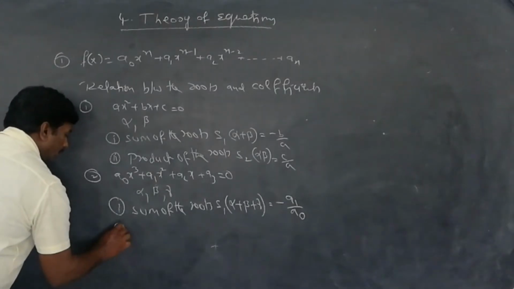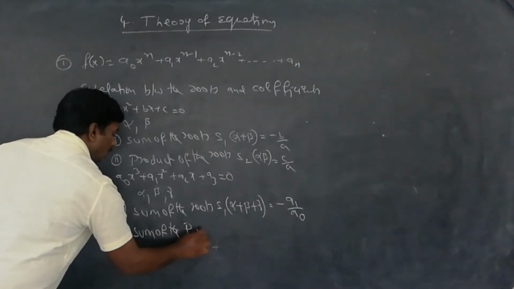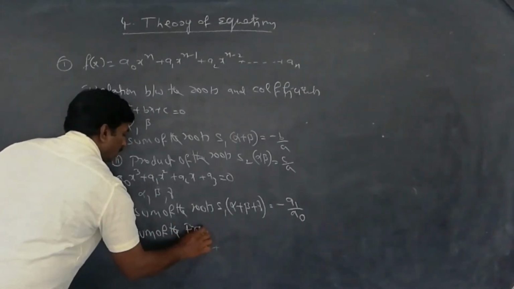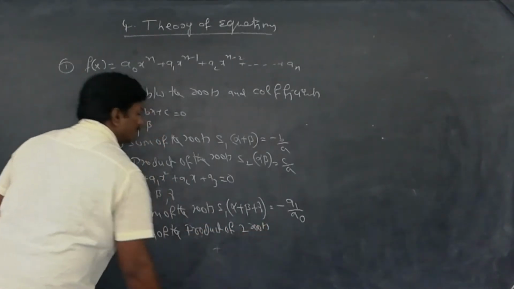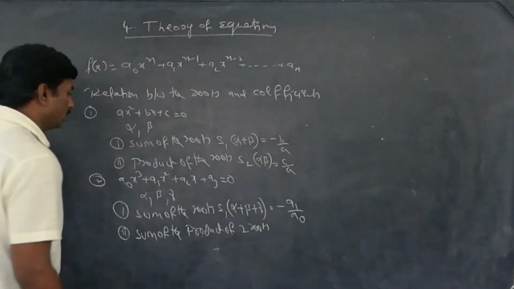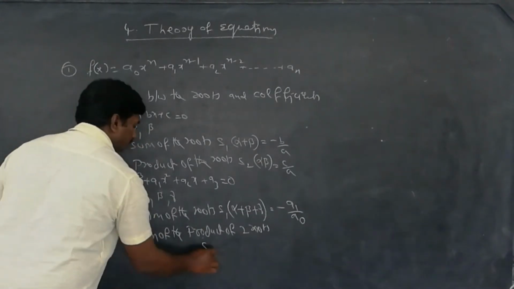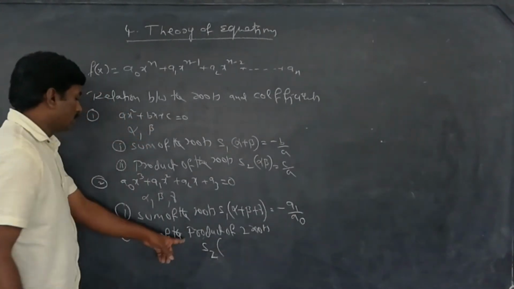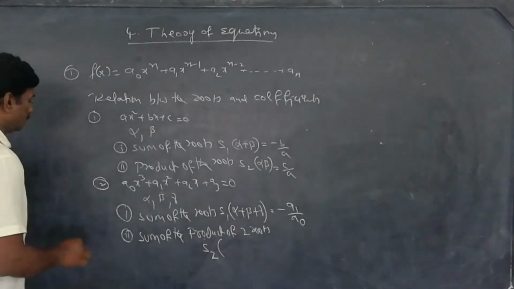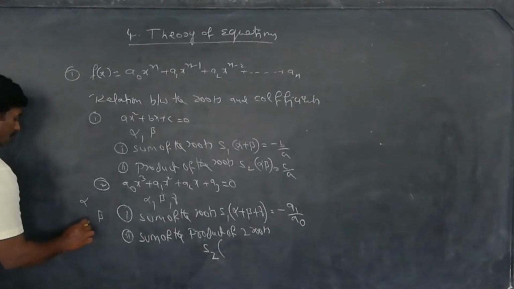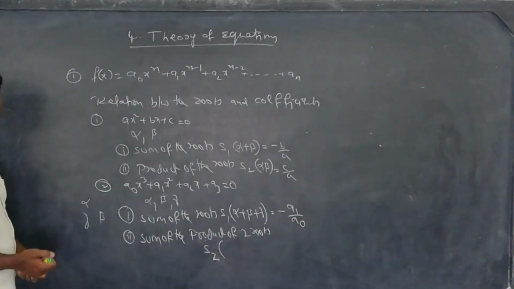Now second one, sum of the product of two roots is called S2. So here I have to take two roots at a time. Suppose here I am taking the roots in this order, alpha, beta, gamma. So how can you approach?